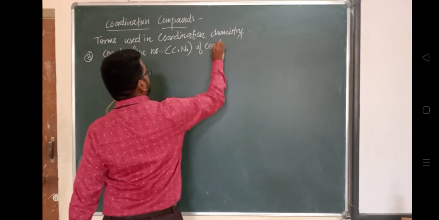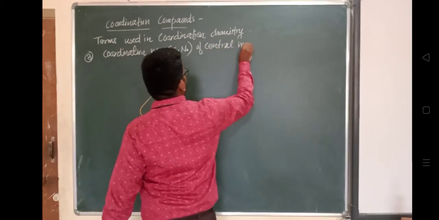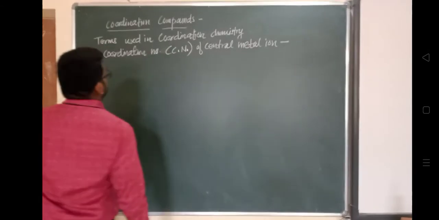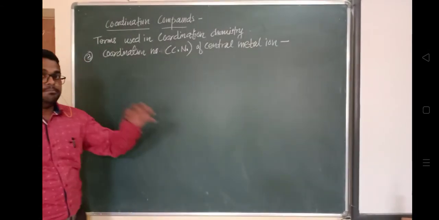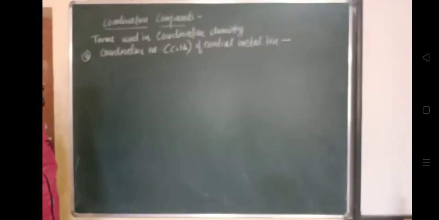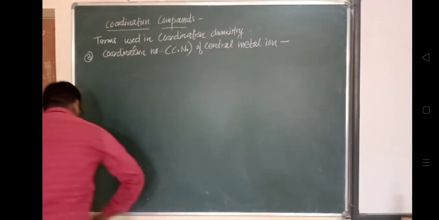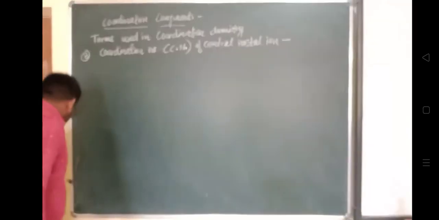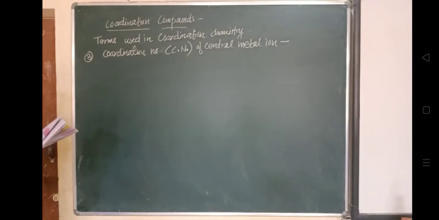Right now look at this complex. You will observe here 4 ammonia molecules, NH3, and 2 chloride ions. These are the ligands which are attached to this cobalt.